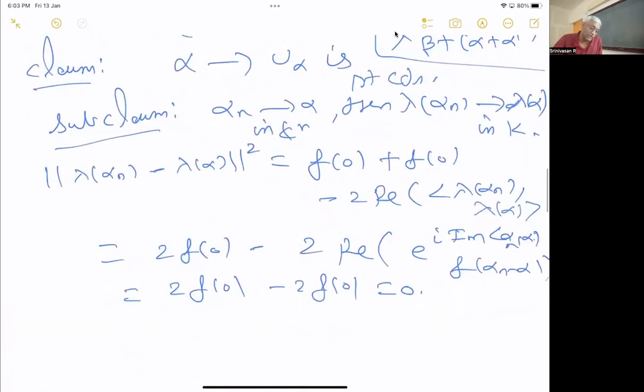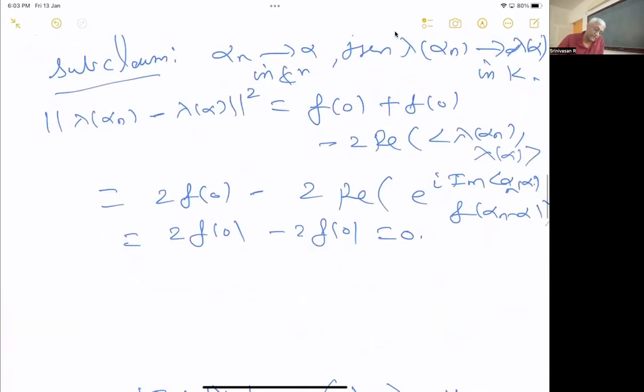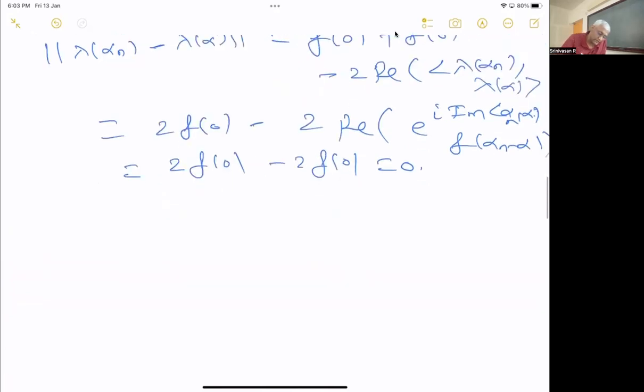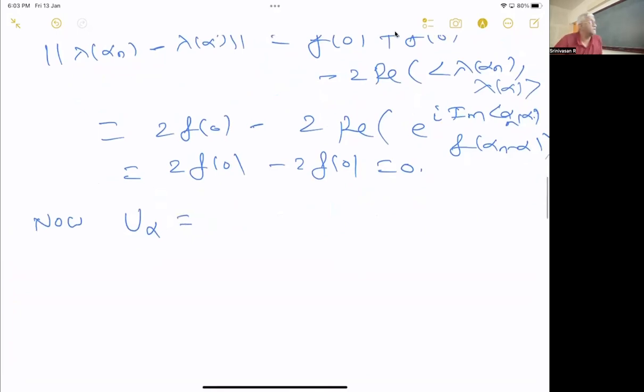Now we want to prove something about U alpha. How is it defined? U alpha acting on lambda alpha. We want to check the following.